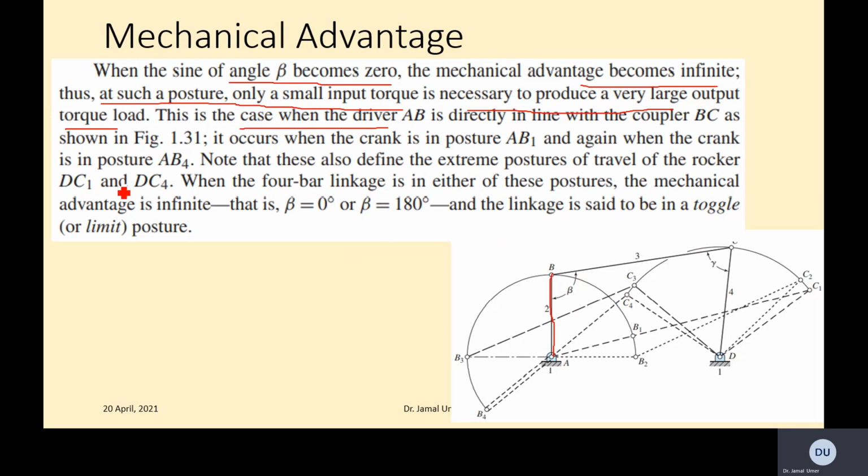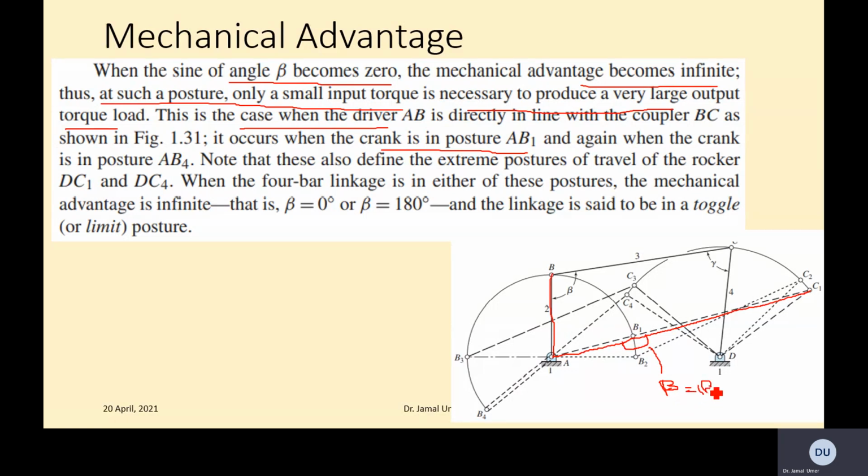So when the crank is in posture AB1, this is A, this is B1, and of course the coupler is then a straight line. AB1 is the driver, and then you have this beta, which is basically 180 degrees.